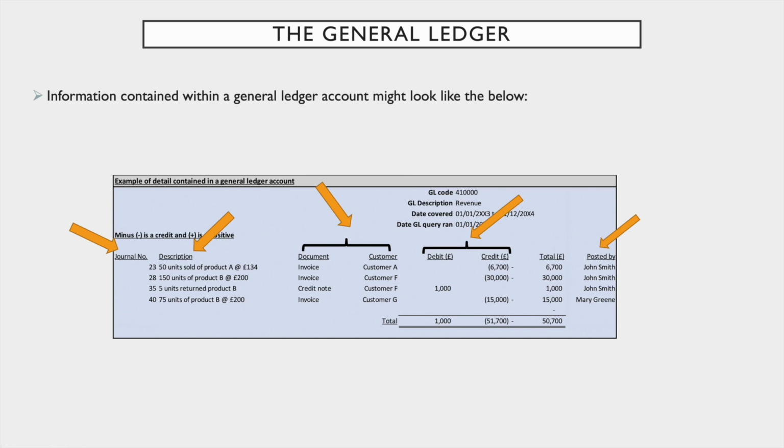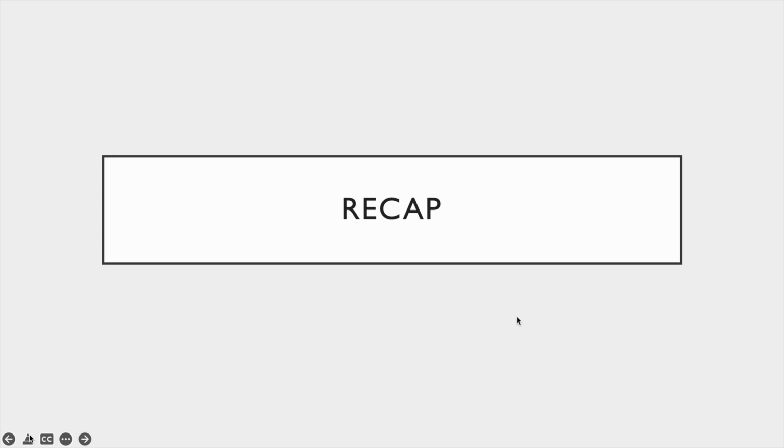So that's just in terms of coding up transactions, as a way of bookkeeping and keeping records of transactions. Journals are used to reflect the transactions, general ledger accounts are used for backup information, and then the closing position of general ledger accounts effectively feeds into the trial balance, which I'll show you an example of now.